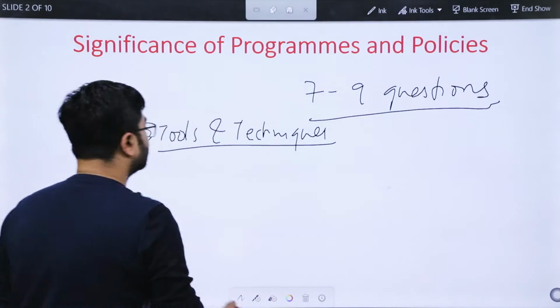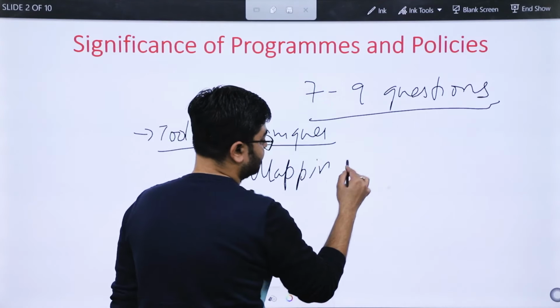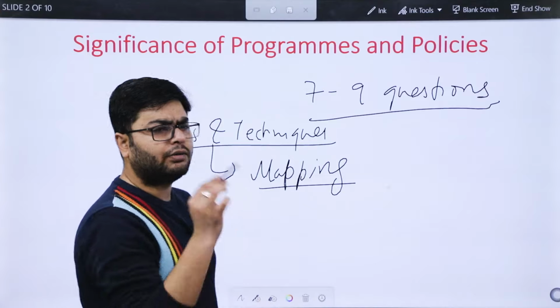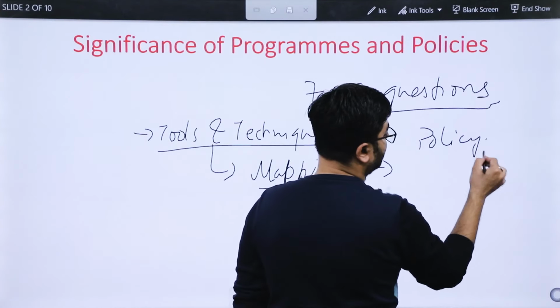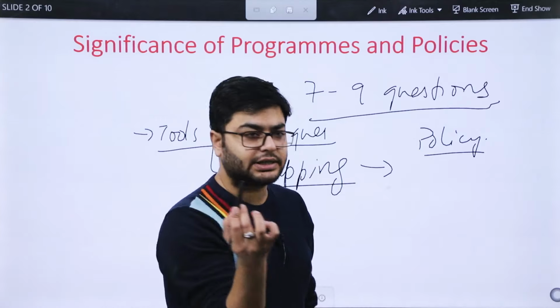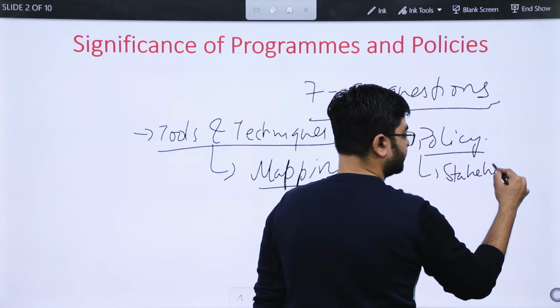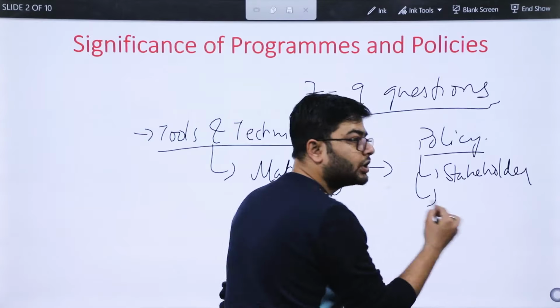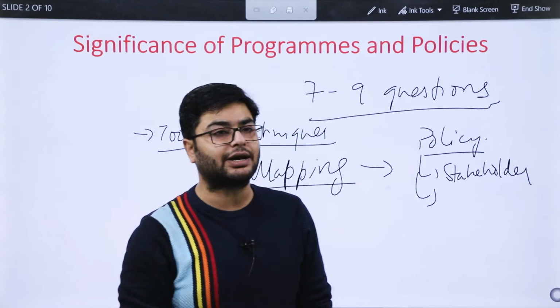Whenever I talk about tools and techniques, I talk about a mapping. What do I mean by a mapping? If, let us say, I am taking a policy or a program or a scheme, the mapping should be stakeholders, nodal agency, nodal ministry, bodies, institutions, agencies which are involved.